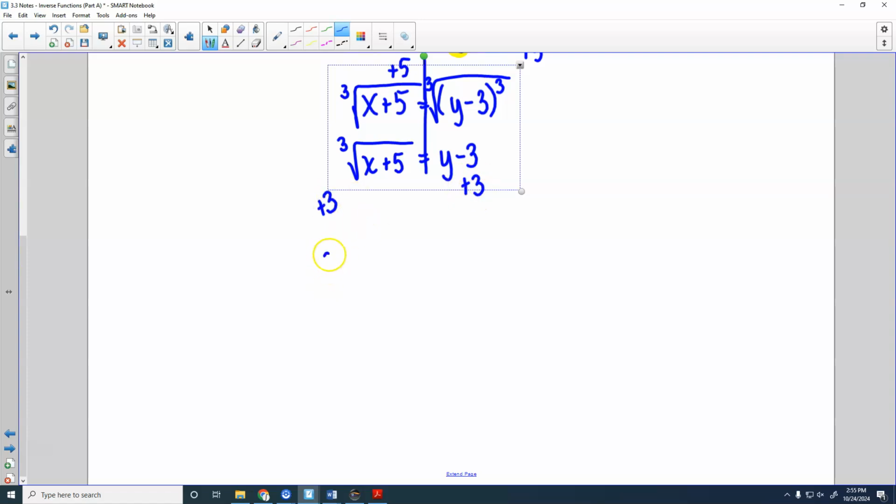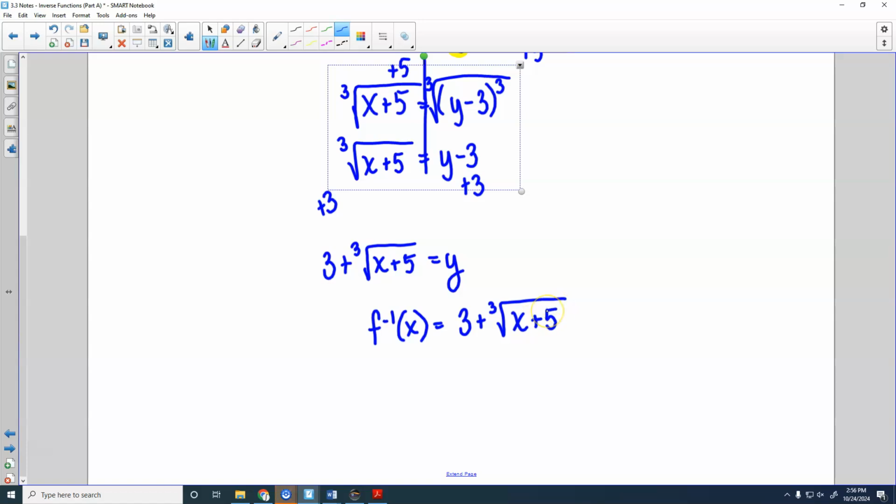I like to write it up front, 3 plus the cube root of x plus 5, like that. You could put it on the end, just be careful, don't put it underneath the cube root. It's not inside of the cube root. And then we'll usually write this f inverse of x equals 3 plus the cube root of x plus 5.